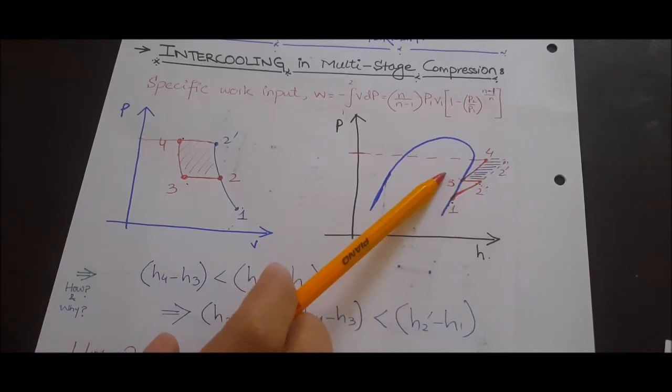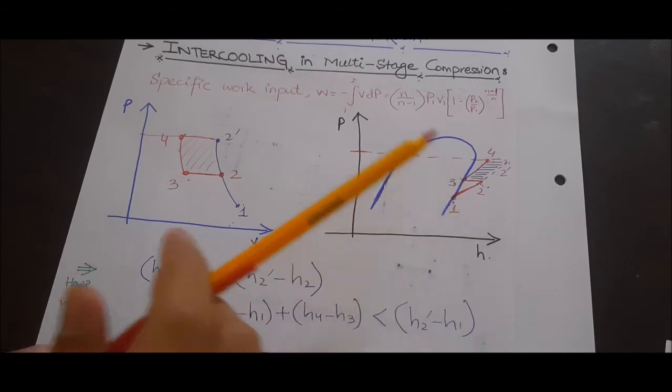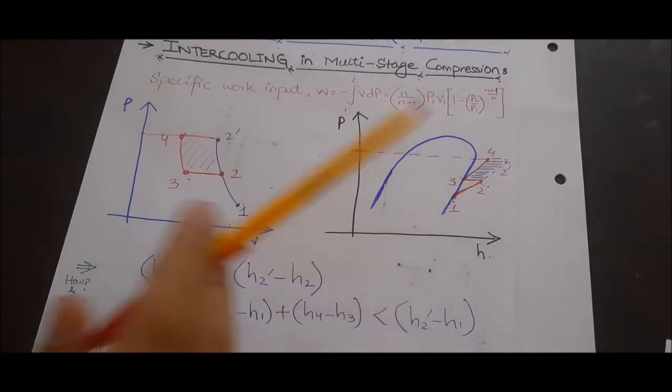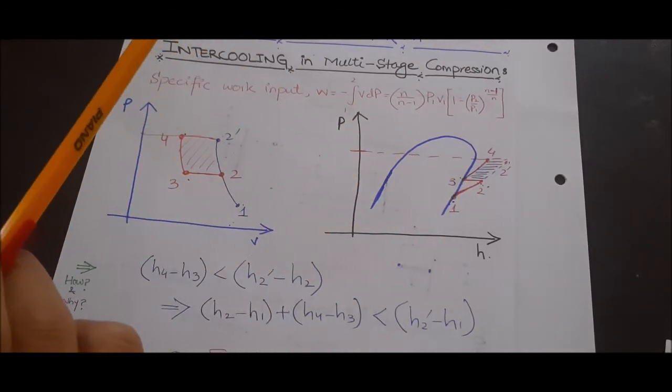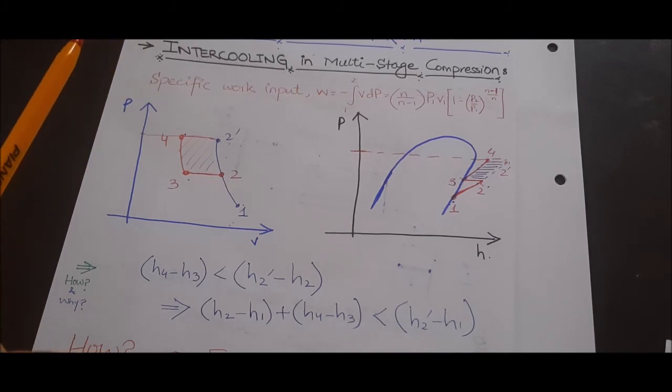So it is very important to understand. We obviously need some optimum pressure where we can perform this intercooling. So we have to decide at which pressure we would perform the intercooling process.